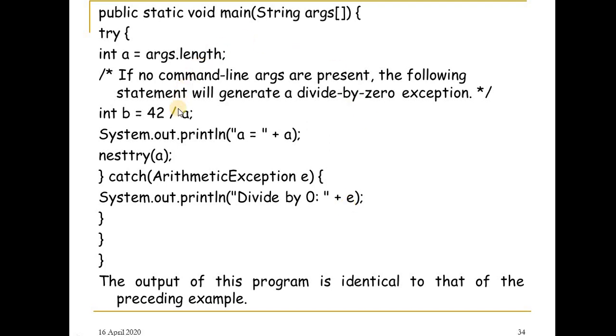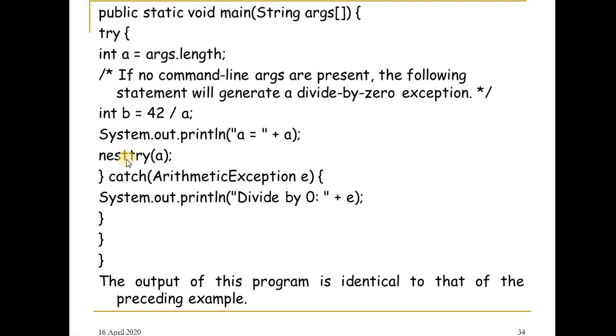Now suppose in the main method, if the value of a is not 0, then divide by 0 exception will not occur over here. In that case, you will simply display the value of a and you will call the nestedTry method with the value of a passed as a parameter.